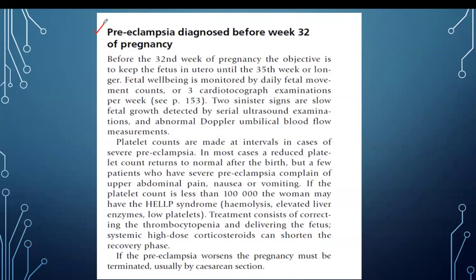So before the 32nd week of pregnancy, the objective is to at least continue the pregnancy until the 35th week, because by the time it is 35 weeks, we know that the baby will be mature. So if your patient is less than 32 weeks pregnant, your best idea is to at least prolong the pregnancy up to 35.